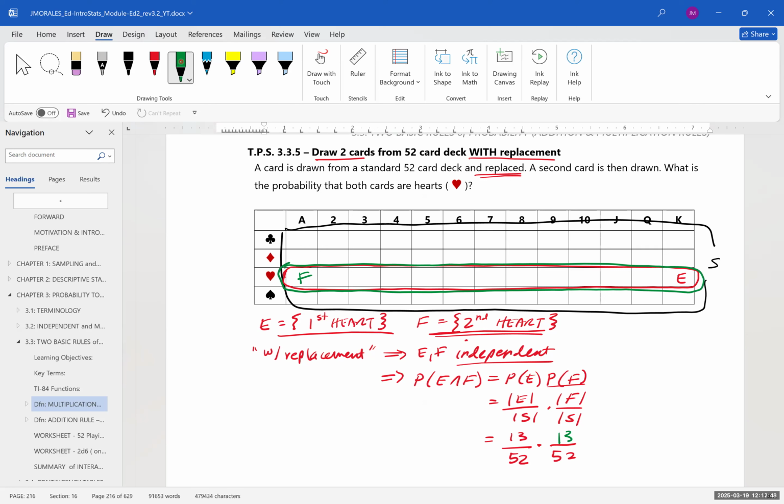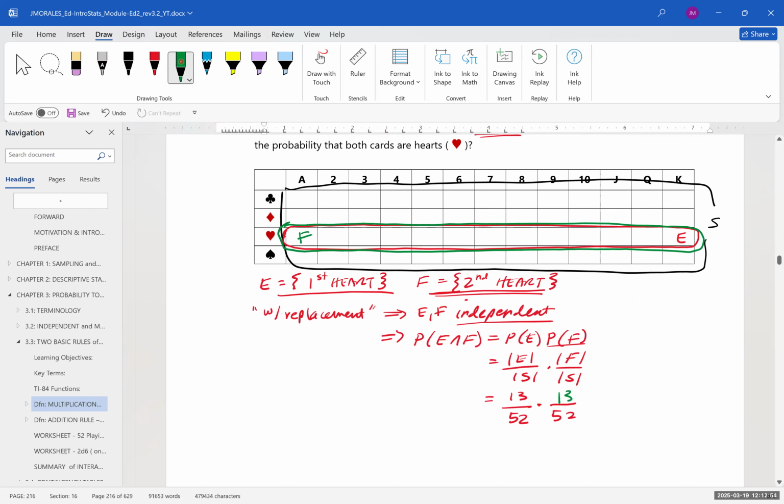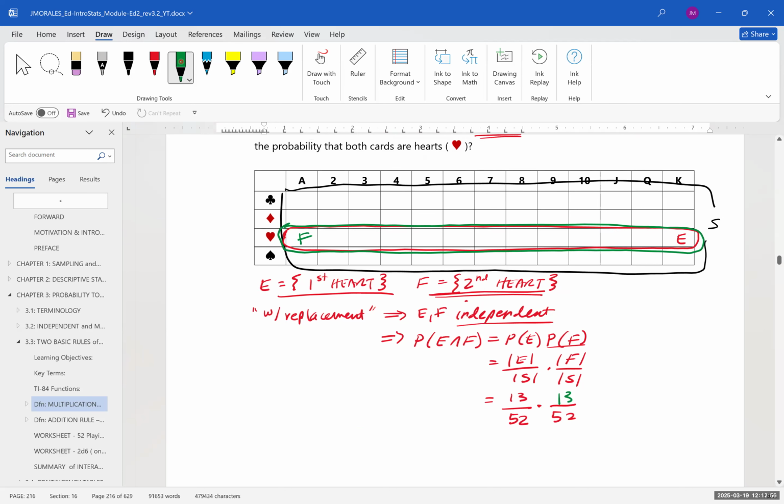And so now we can multiply these two fractions, and we can cancel a 13. Well, let me do this here. So we've got 13. Now 52 can be written as 13 times 4.